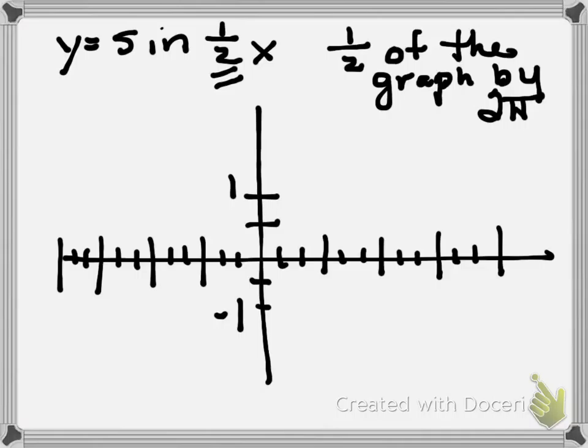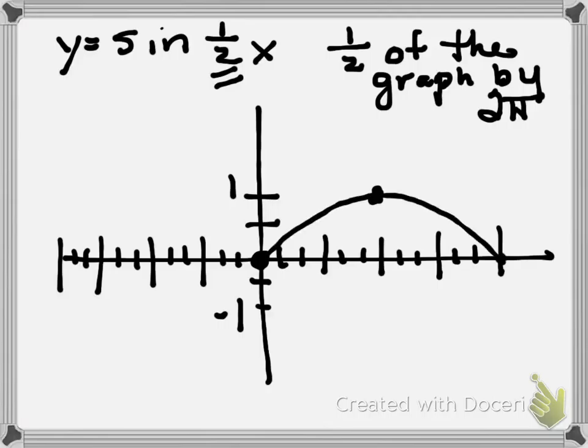So now if you're reading the number in front of x, it says you're only going to see half of the sine graph between 0 and 2 pi. You're only going to see half of it. You're only going to see this much. So we're spreading it out rather than shoving it in like the last problem was. So we're going from 0 to halfway in between, which is pi, having a value of 1, to 0. So we're spreading it out.